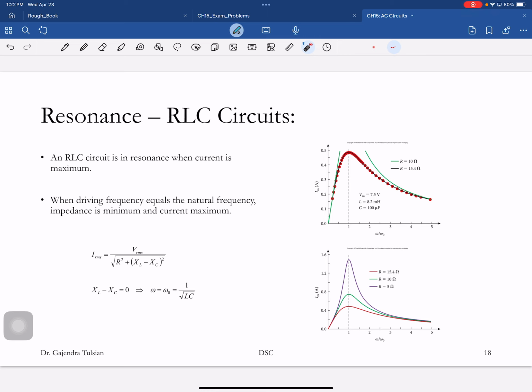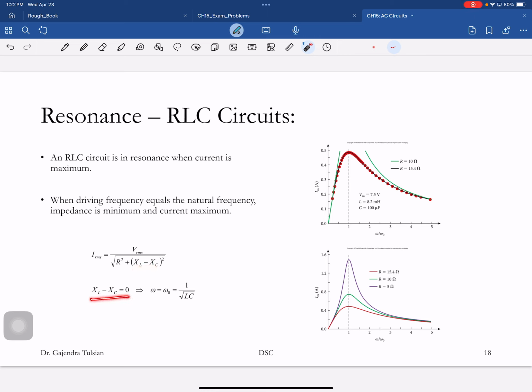All right, so here's the amplitude of the current, the RMS value of the current, VRMS divided by Z. When is the current maximum? When the denominator is minimum. These guys are frequency dependent, so you can make this 0, and that's when IRMS will be maximum.